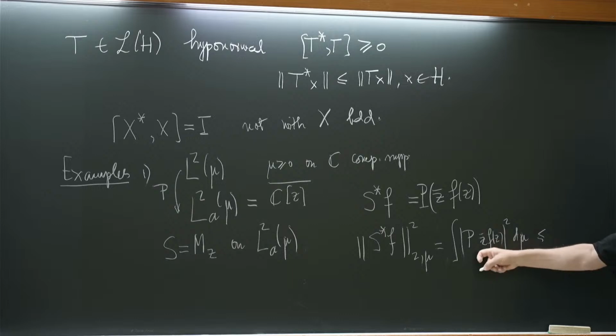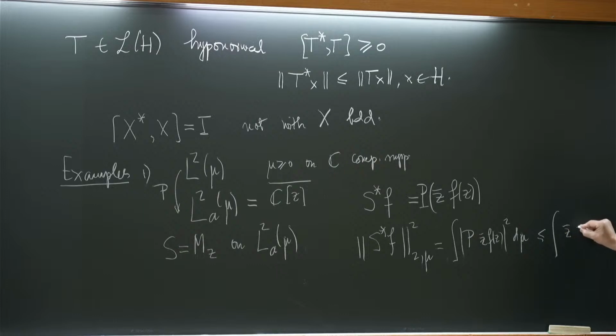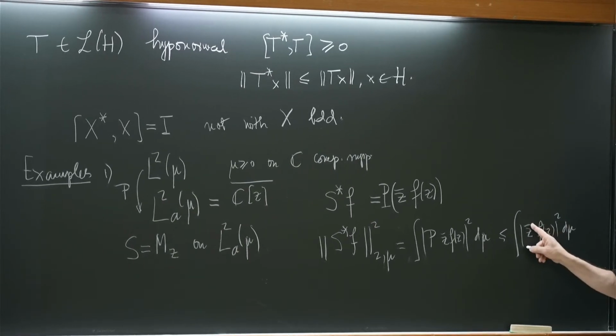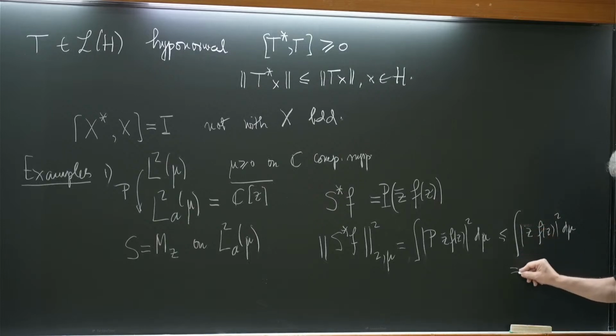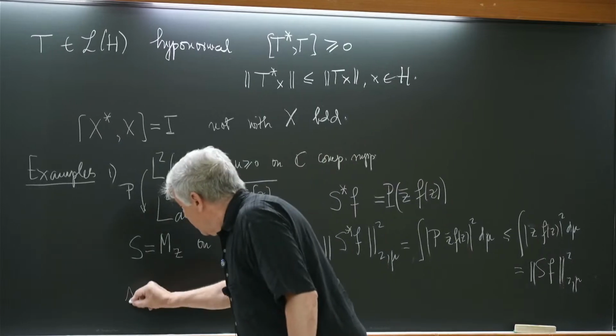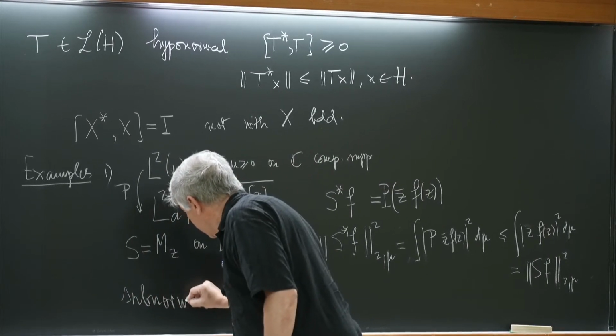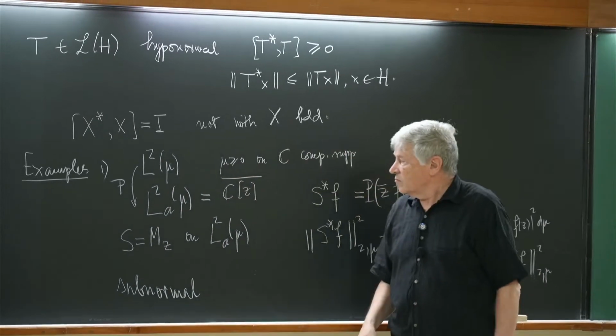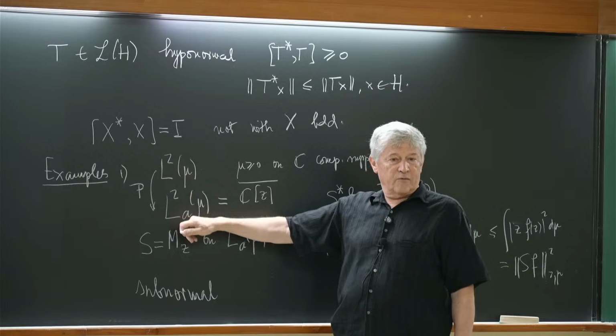The projection doesn't increase, so it is less than the integral of z bar f of z d mu. But under the modulus, z bar doesn't count. So S star doesn't increase the norm. This is the typical, what is called subnormal operator: the restriction of a normal operator to an invariant subspace.